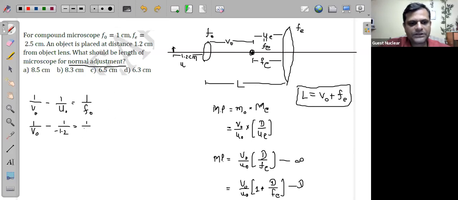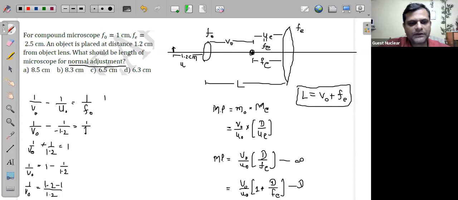And if we just put it here, then we can get 1 upon VO plus 1 upon 1.2, which is going to be equal to 1. So 1 upon VO actually happens to be 1 minus 1 upon 1.2. So 1 upon VO is equal to 1.2 minus 1 upon 1.2 itself.